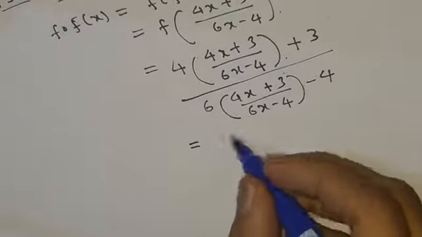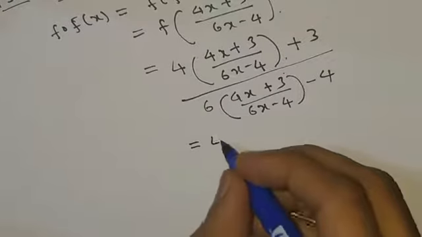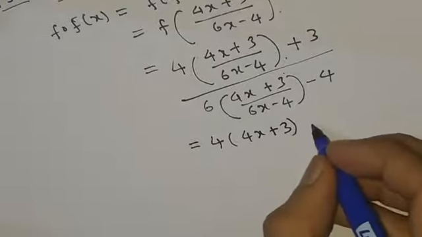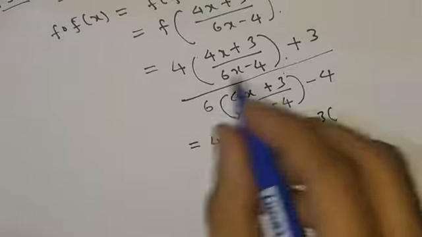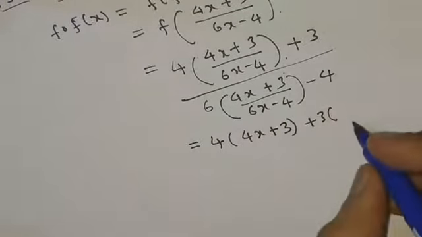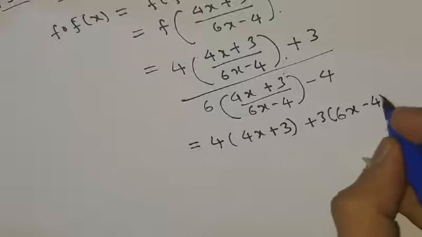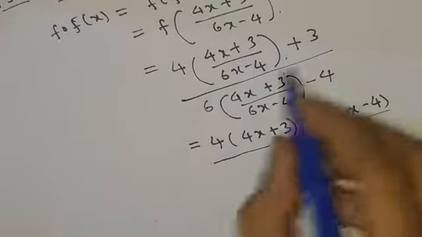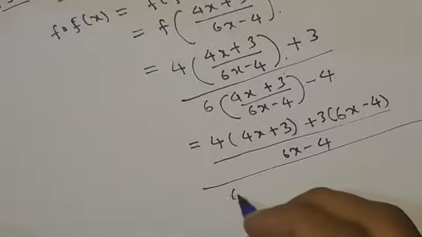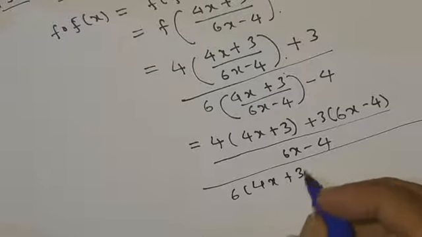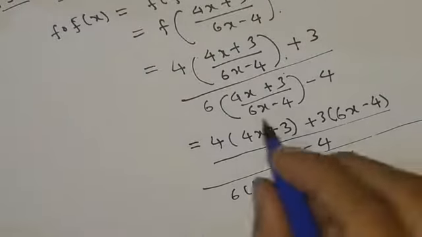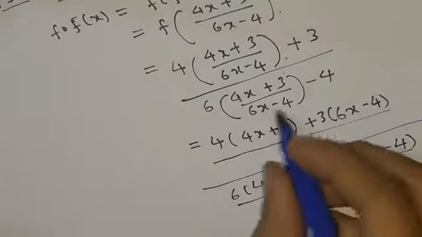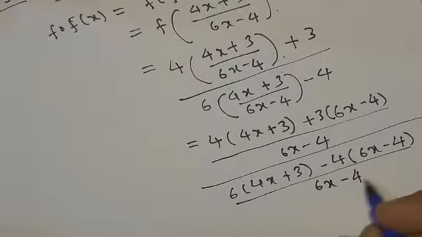So now we have to simplify this. So what we will get is 4 multiplied by (4x plus 3) plus 3 times this will get multiplied here, (6x minus 4) divided by (6x minus 4), the whole divided by 6 multiplied by (4x plus 3) minus 4 multiplied by (6x minus 4), the whole divided by (6x minus 4).